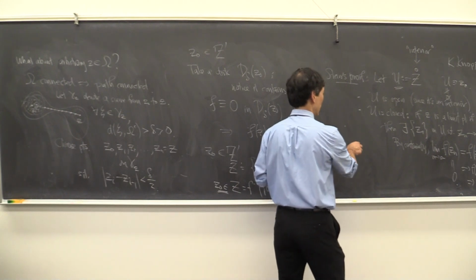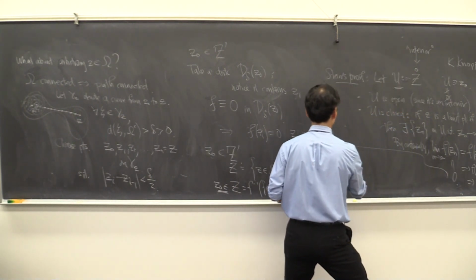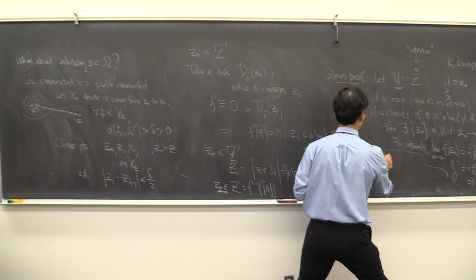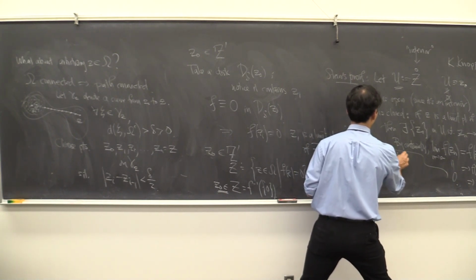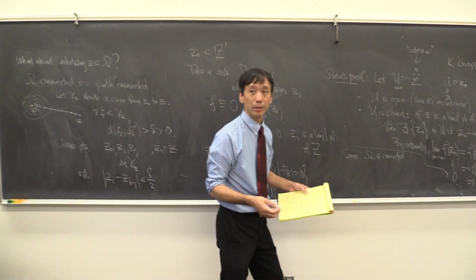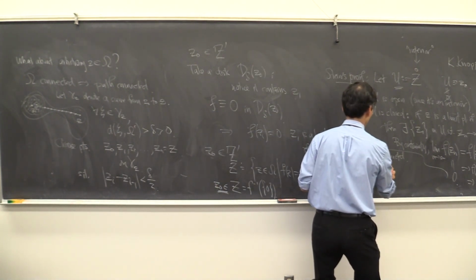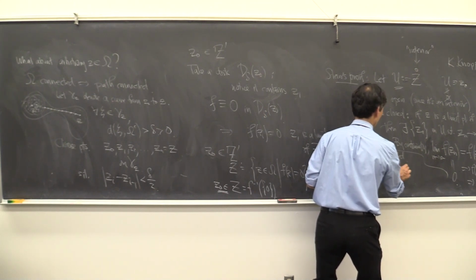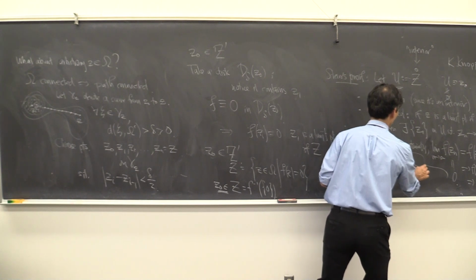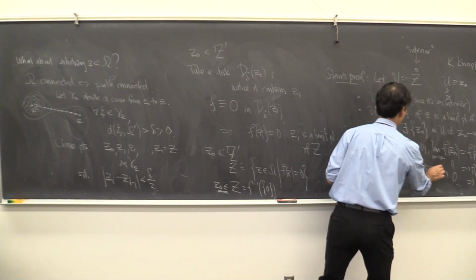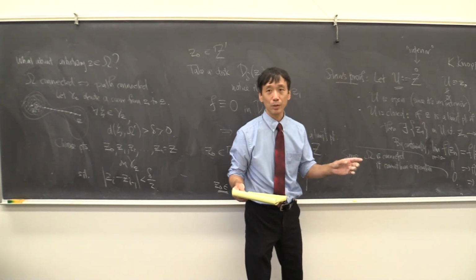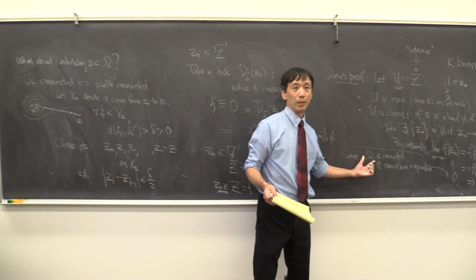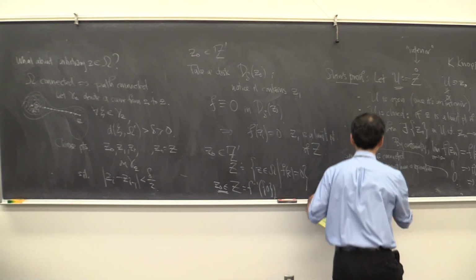Okay. So now we use connectedness. Since omega is connected, we know it cannot have a separation. There can't be two disjoint open sets whose union is omega, right?